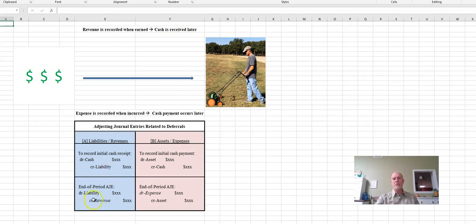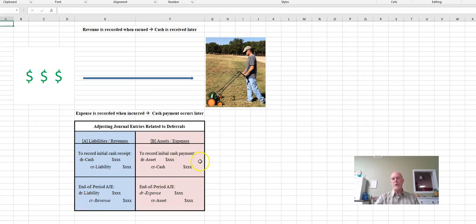And so you would reduce the liability for the work that you've already done and record a revenue for that portion that you've already earned. So again, the cash was collected first, but we didn't record the revenue until we actually did the work.